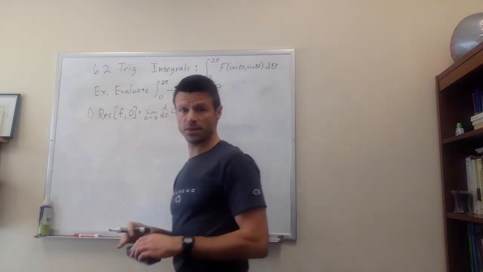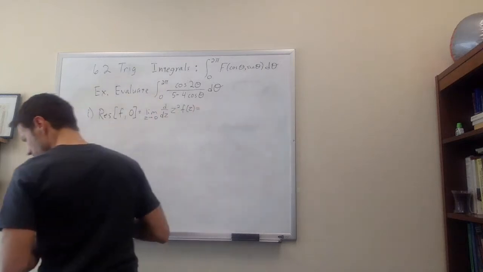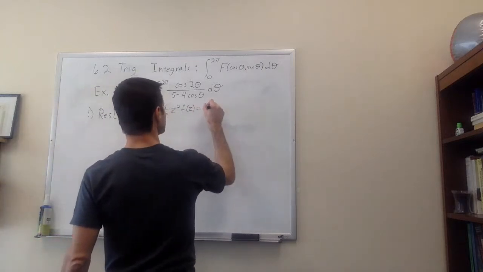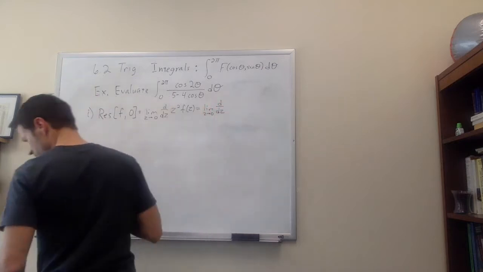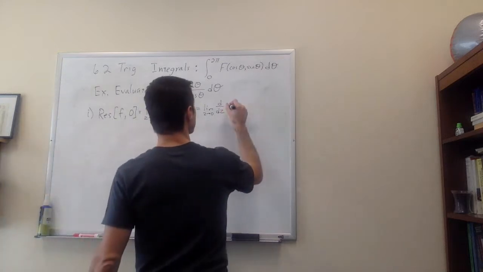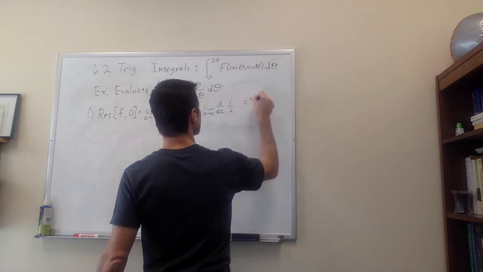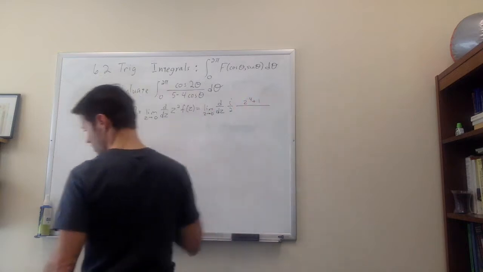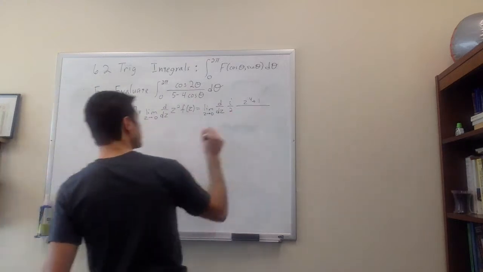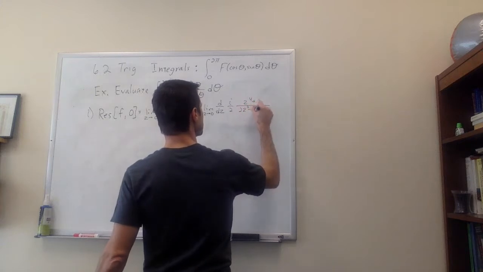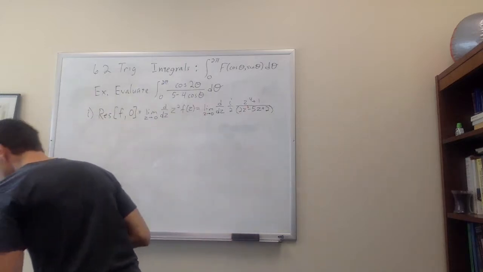This equals the limit as z goes to 0 of the first derivative of i over 2 times the fraction (z to the fourth plus 1) over (2z squared minus 5z plus 2).